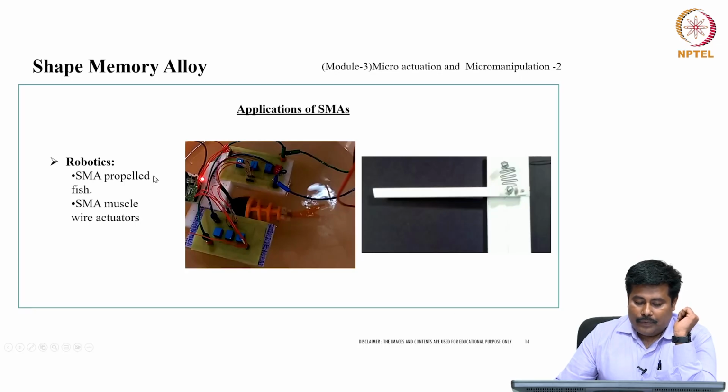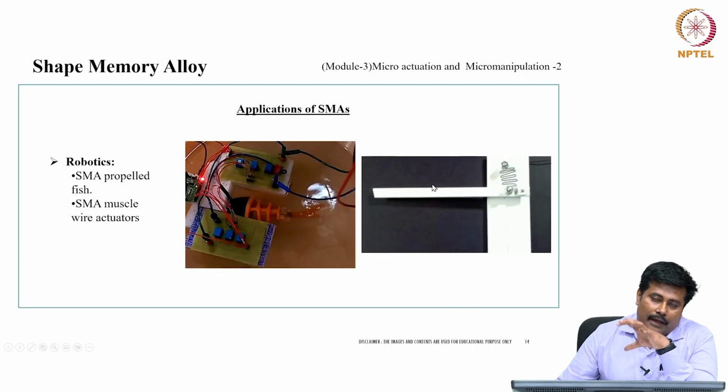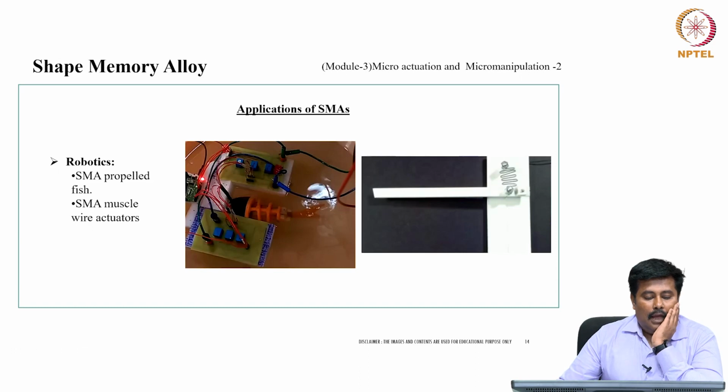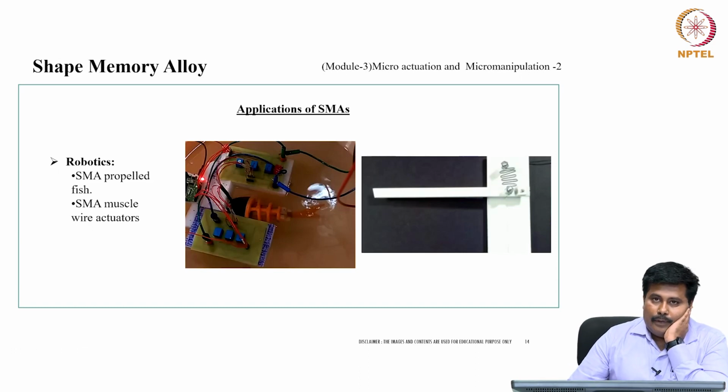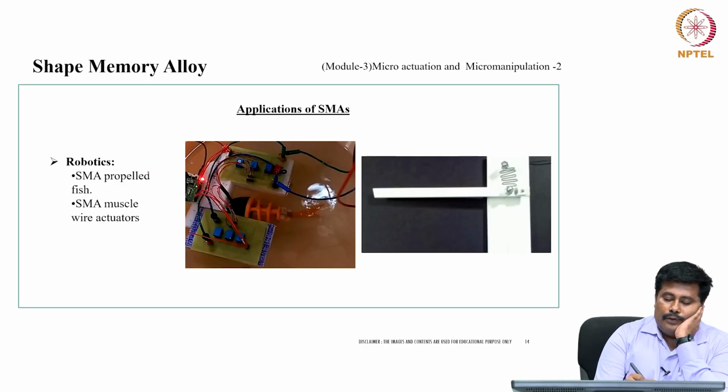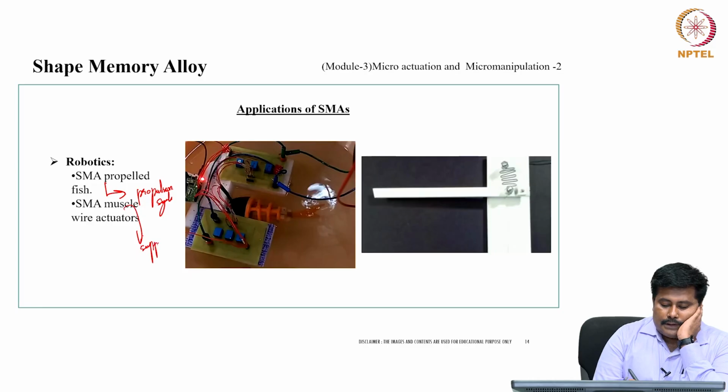Now let us see some of the key applications of shape memory alloys from a micro robotic point of view. In micro robotics, shape memory alloys are used as a propulsion system, or as a supporting structure system.